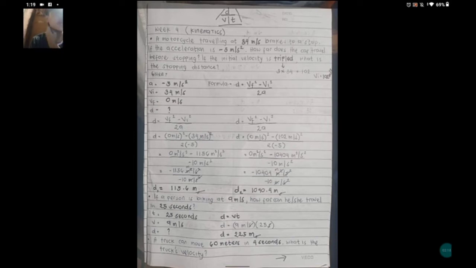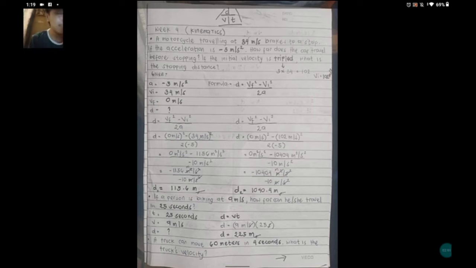So, yung kakalabasan niya ay 0 meter squared per second squared minus 1,156 meter squared per second squared over negative 10 meter per second squared. Next is negative 1,156 meter squared per second squared over negative 10 meter per second squared.